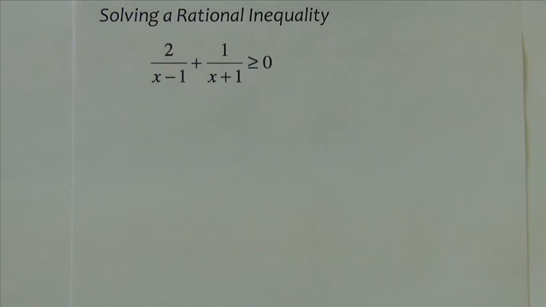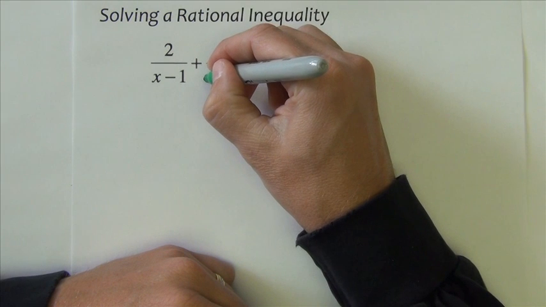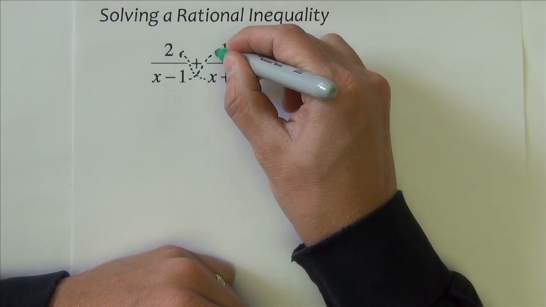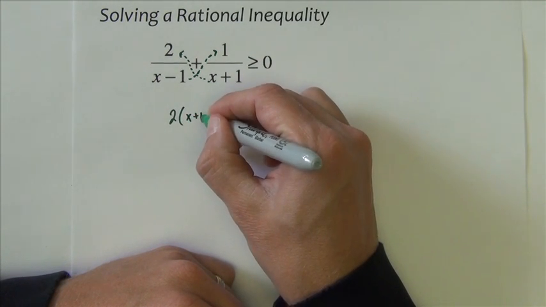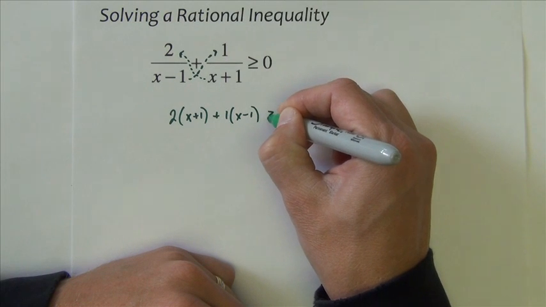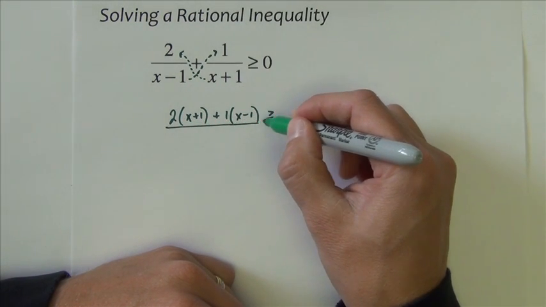On this last problem, we see it's a little different than the prior one in that these fractions are not combined into one fraction, so I'm going to do that first. Whenever I have just two fractions, I can put this denominator here, this denominator here. We've seen this trick before. This is 2 times x plus 1 times x minus 1 is greater than or equal to 0.